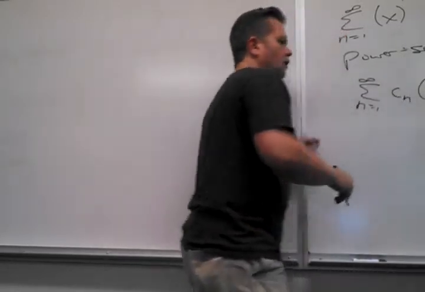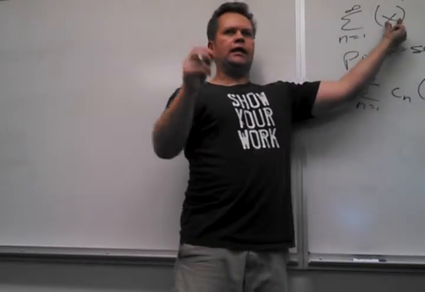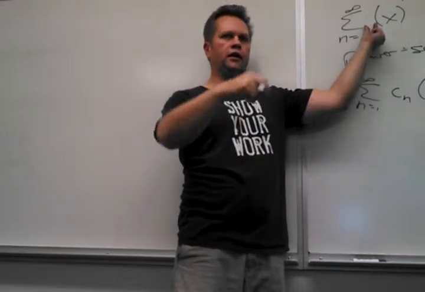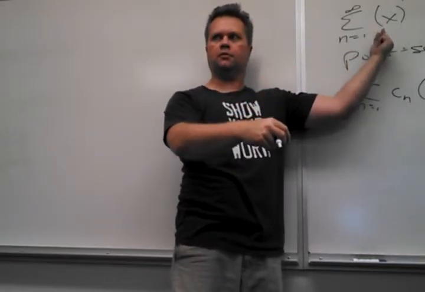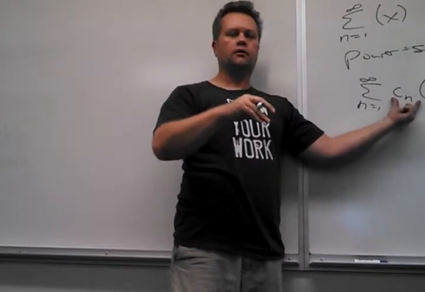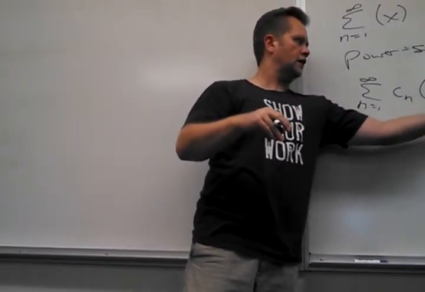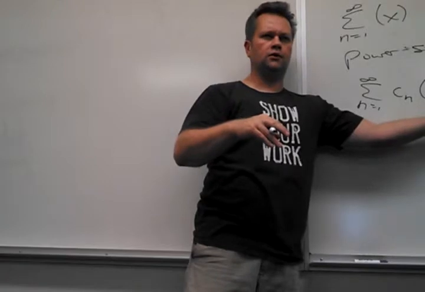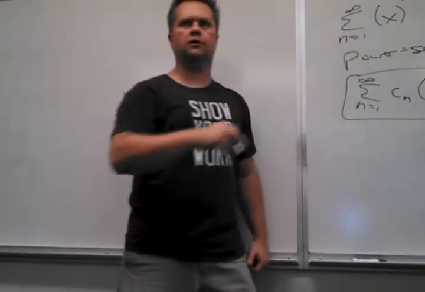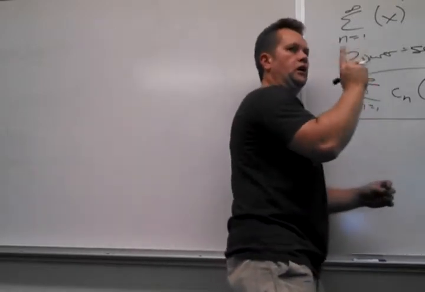So, for example, in this one, a is 0, and every coefficient for every element is 1 in this example. But here I could have coefficients based on n. And I could also have not just x, but I could have x minus 1, x minus 2. So this is the most general form for a power series, where things get really interesting.